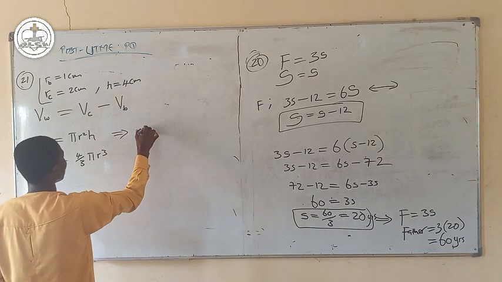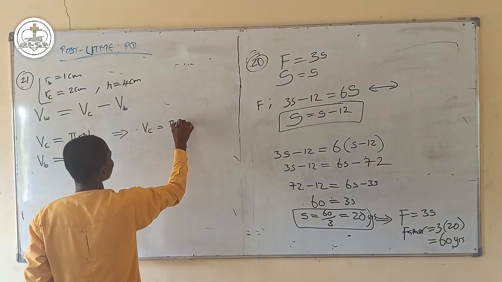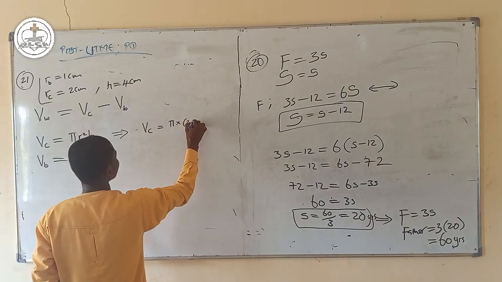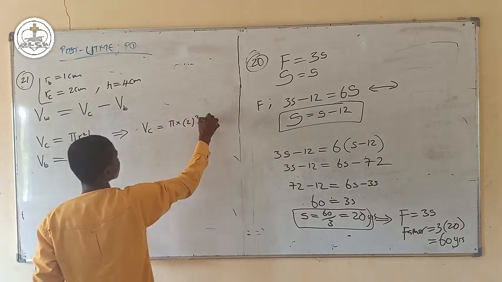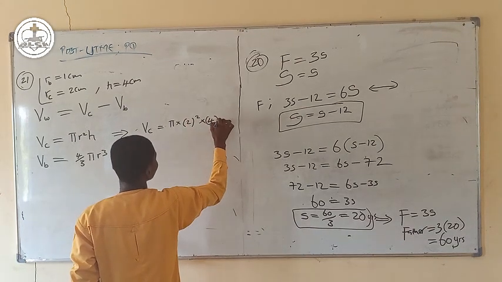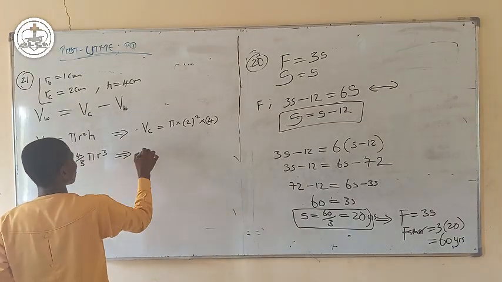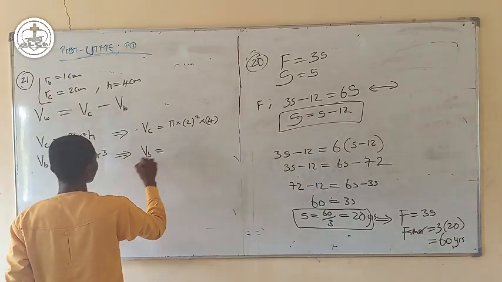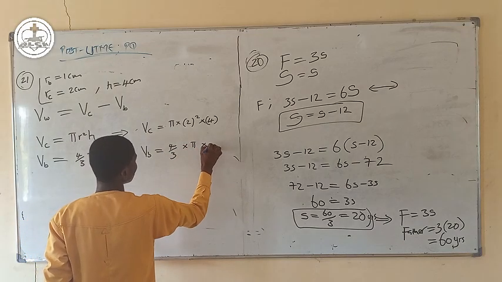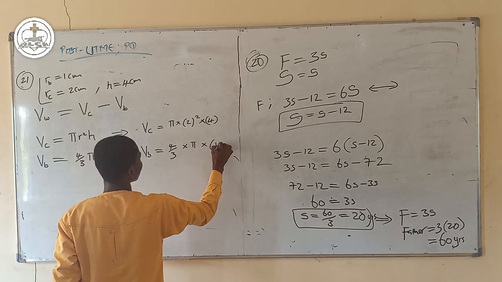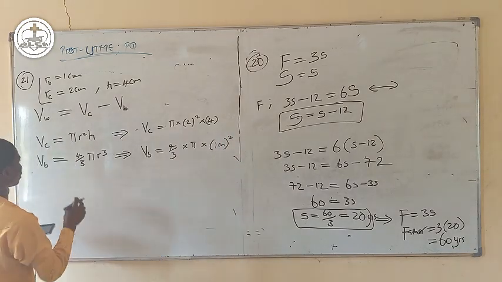So we can resolve this. The volume of the cylinder is what? Pi times our r, which is 2 centimeters squared, times our height, which is given to us as 4 centimeters. And the volume of our steel ball is what? 4 all over 3 times pi times our r, which is 1 centimeter cubed. Sorry, this is cube. So what do we have here?